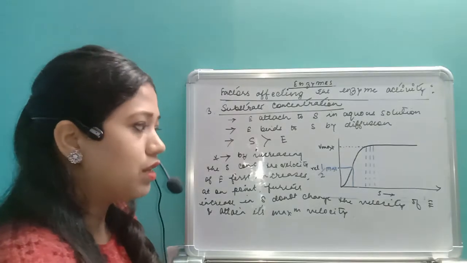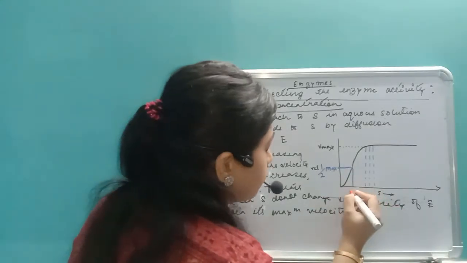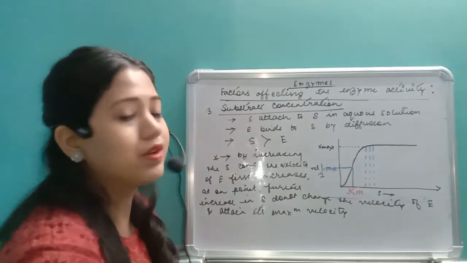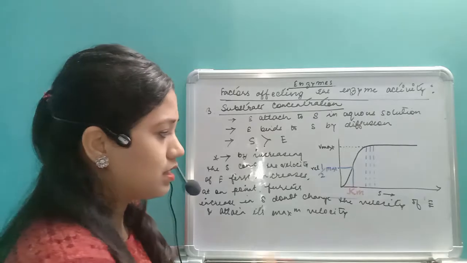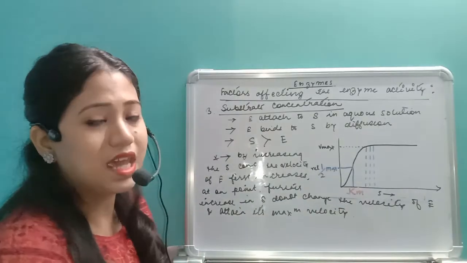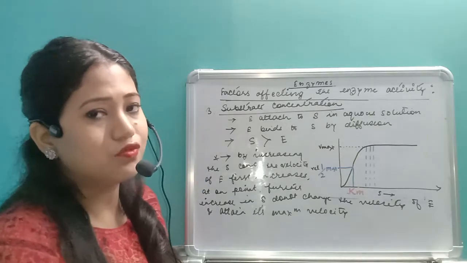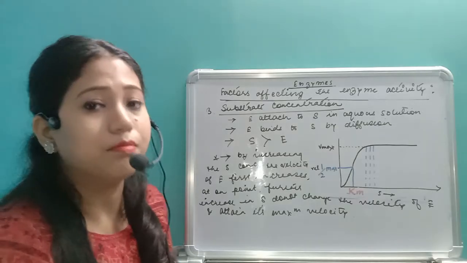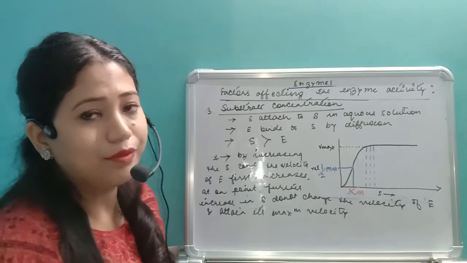That specific substrate concentration will be represented by a constant. That constant was developed by two scientists, Michaelis and Menten, and it is called the Km value, which is constant for a specific enzyme.